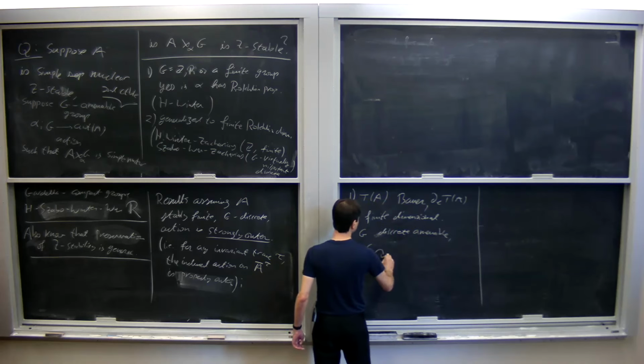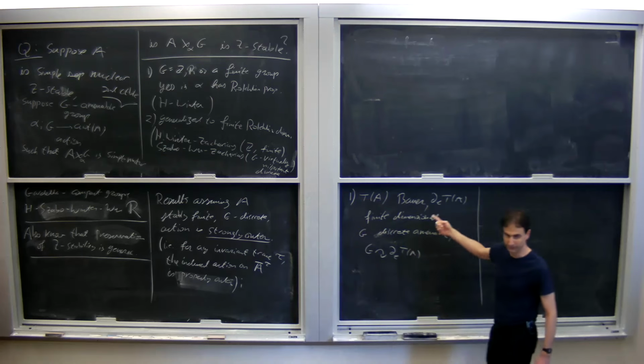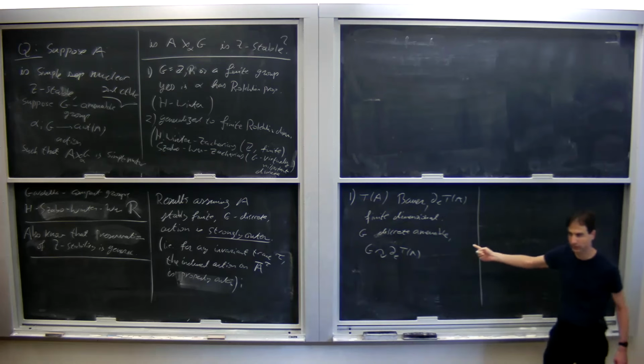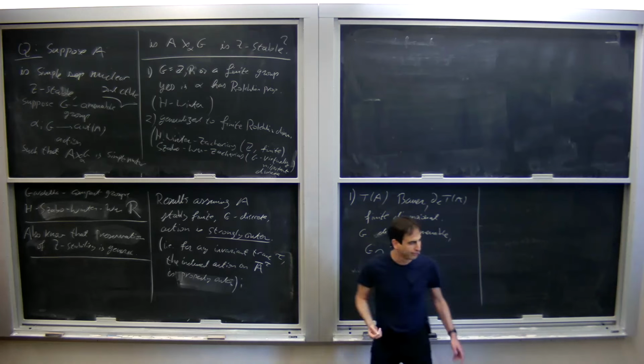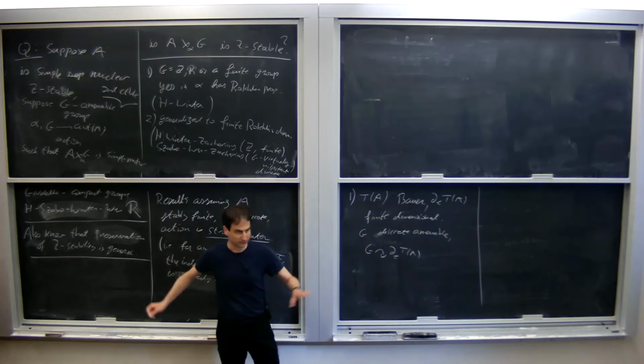And the action, right? If you have an action on A, it induces an action on pretty much anything associated to A. So on the trace space, on this extreme boundary, we want this to factor through a finite group action. So not the entire group action, but just the way it acts on traces.